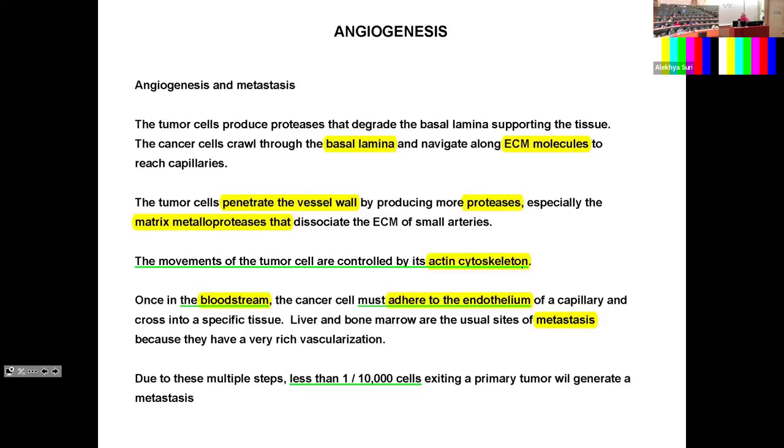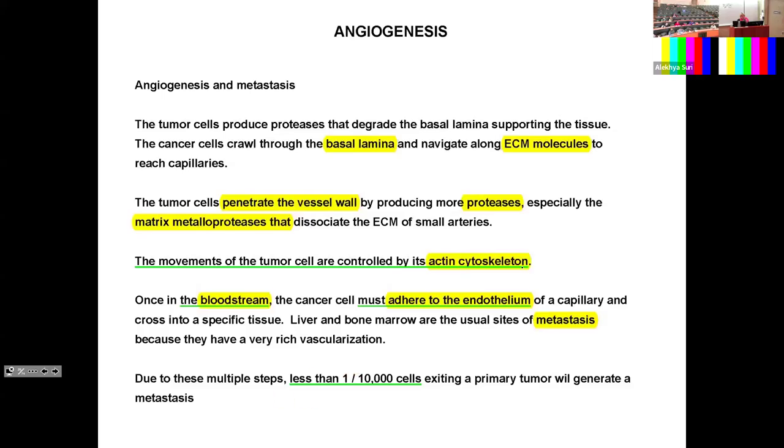So, as I say, first they enter the wall of the vessel, then they go through the bloodstream, then they have to arrive at the target organ again, leave the blood vessel, and enter the target organ. So this is a very stochastic procedure. They say that less than 1 in 10,000 cells leaving the primary tumor will generate a metastasis.